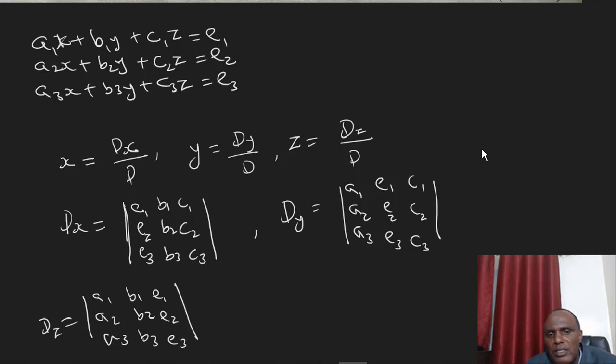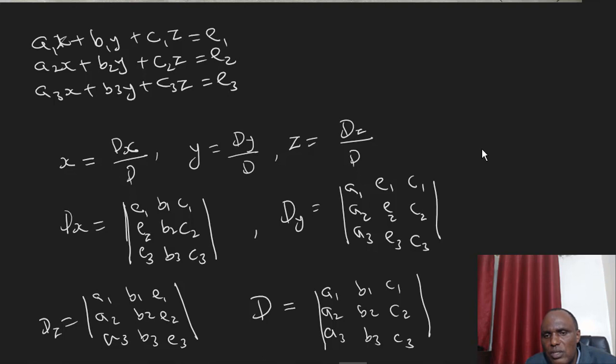And d is the determinant of this matrix formed by those 3 simultaneous equations, that is a1, a2, a3, b1, b2, b3, c1, c2, c3. The determinant of that matrix, we are writing it as d.